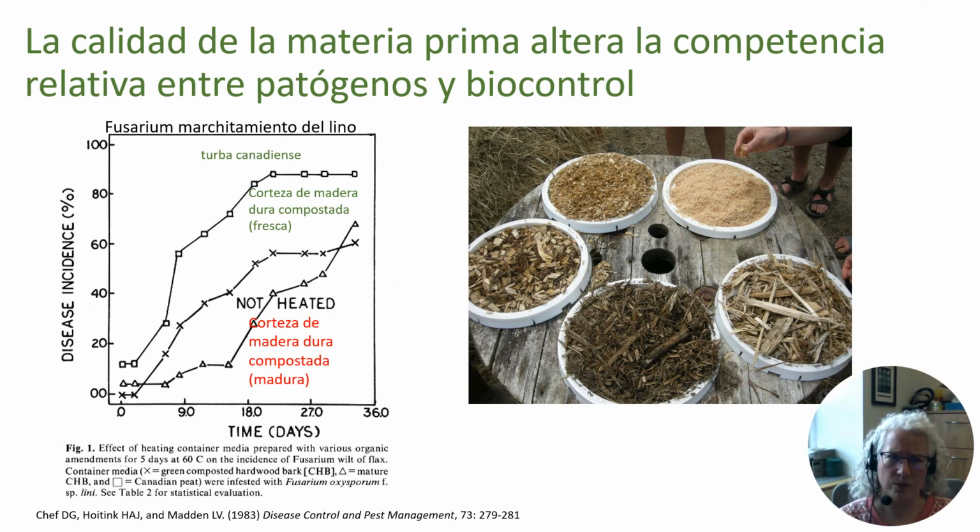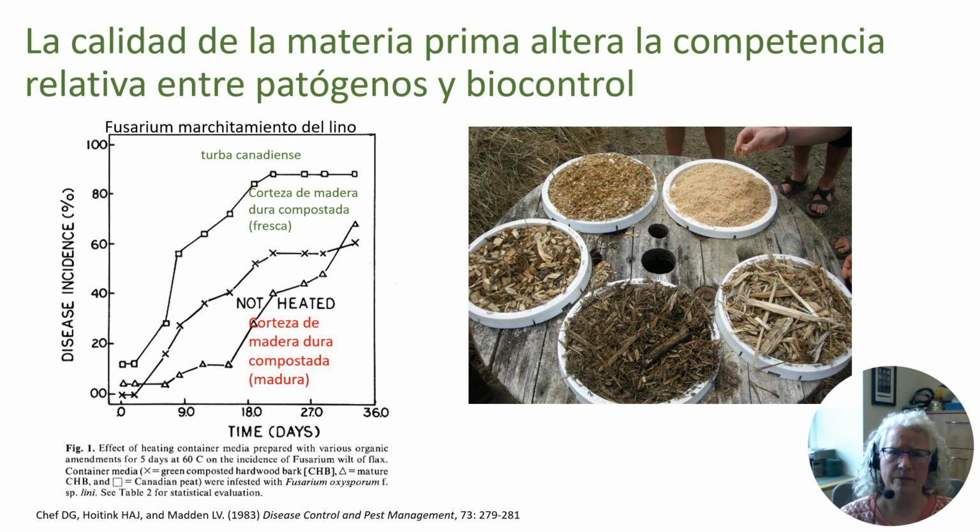Illustrated is historic work by Harry Hoitink, who clearly demonstrated that feedstock quality really alters the competition between the pathogen and biological control. Illustrated are disease incidence data for a disease called Fusarium wilt of flax. At that time, the horticulture industry was highly dependent on peat moss as the potting media, but it was very conducive to the disease.